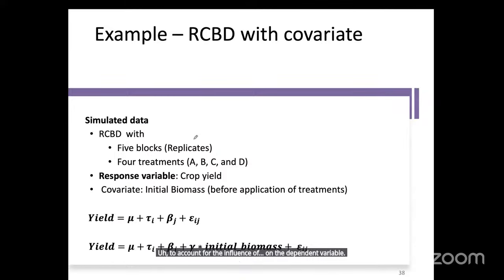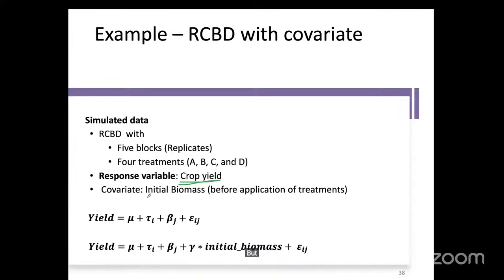Here we have an experiment with 5 blocks. That is a randomized complete block design. We have 4 different treatments, and the response of interest in this case is our crop yield.